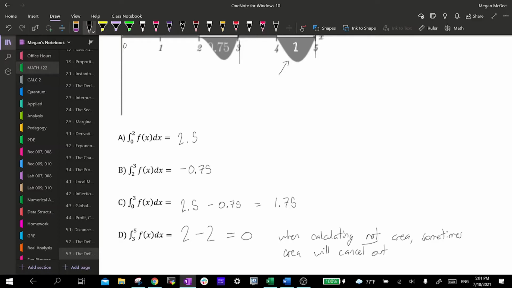Alright, so if you can think about your opponent's points being above the x-axis and then your points being below the x-axis, that is how we're going to calculate the net area. So only one team ends up getting points after one round of cornhole. Alright, so you'll either end up with a total being positive, a total being negative, or sometimes neither team will get any points because you'll cancel each other out entirely.